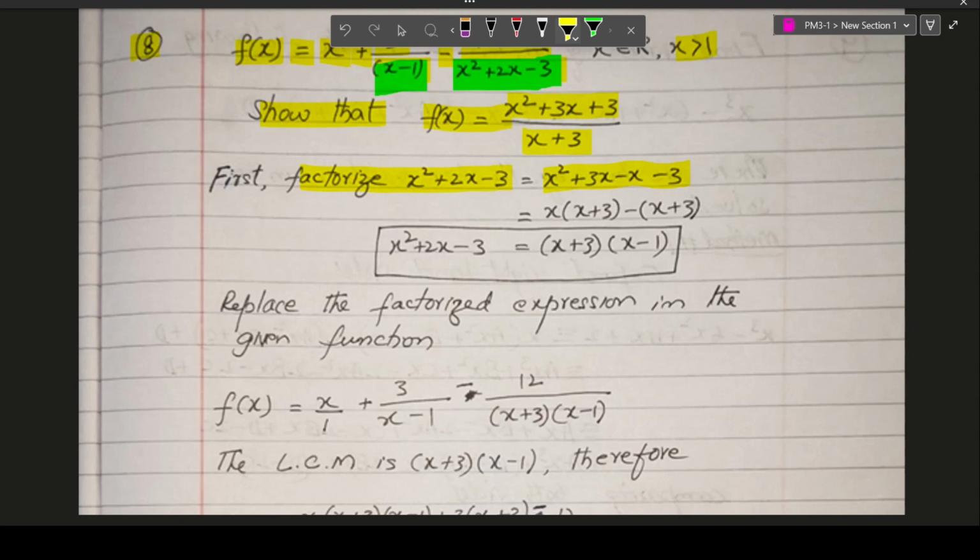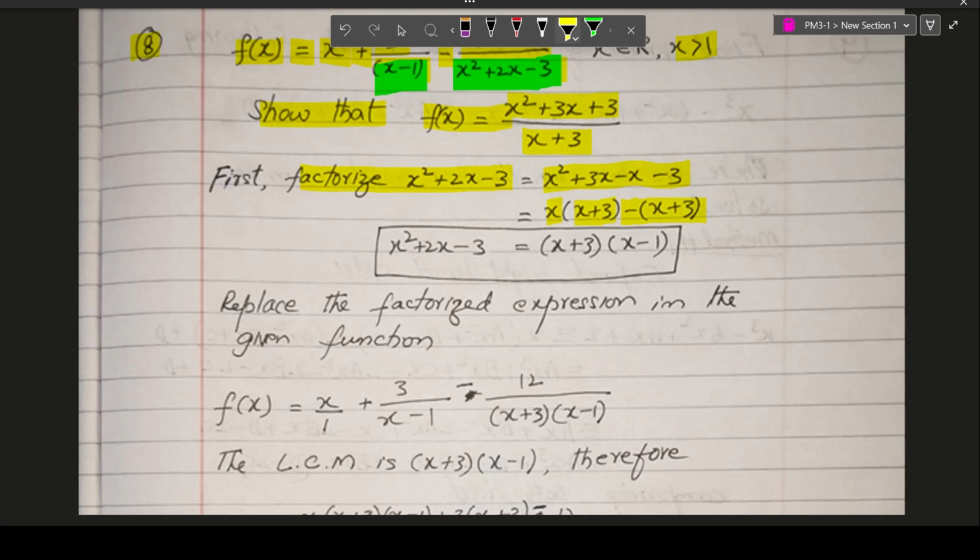There's a common factor x between x² and 3x, and inside it will be x + 3. Then minus is common between these two, and you'll get x + 3. So x + 3 is common. Before it was 4 terms, now these are 2 terms.